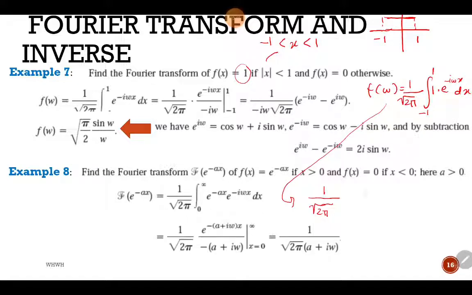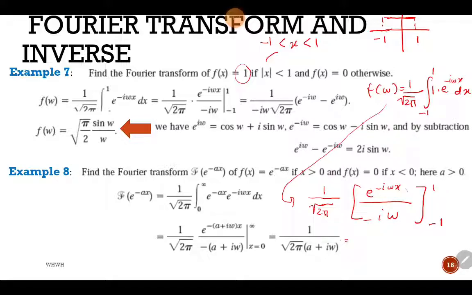Okay, integrate e negatif i omega x, kamu akan dapat e negatif i omega x over negatif i omega. Okay, so ni 1, negatif 1. So masukkanlah nilai 1 dan juga negatif 1 ke dalam persamaan ini.